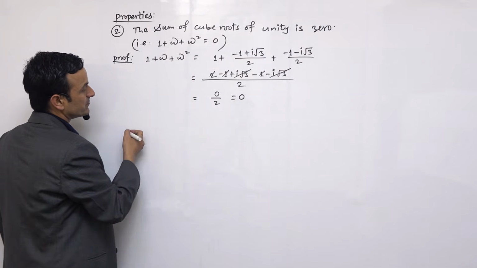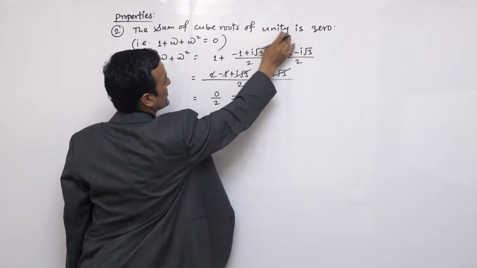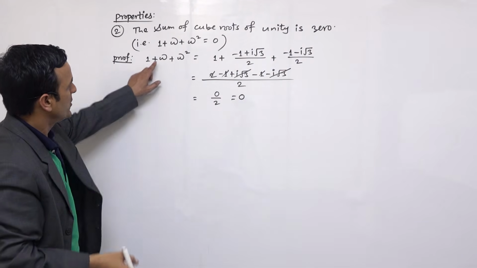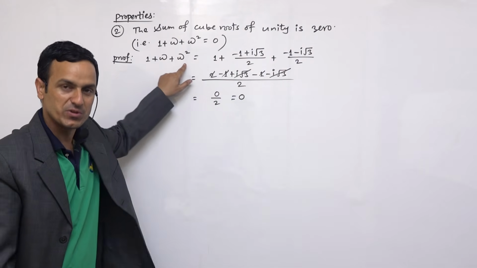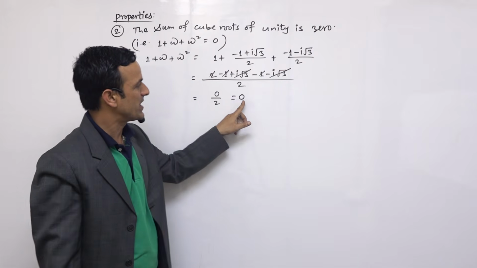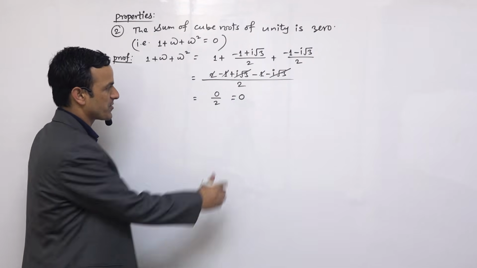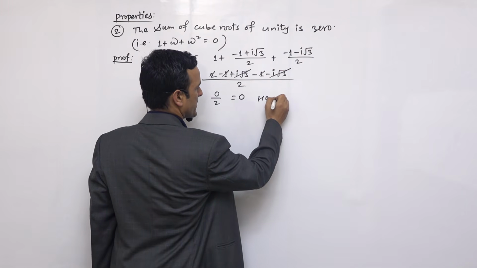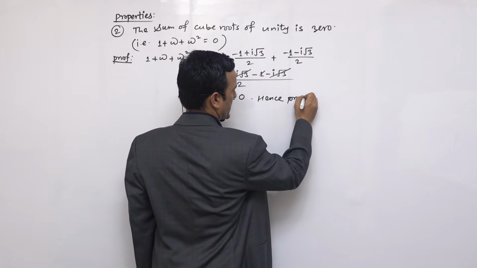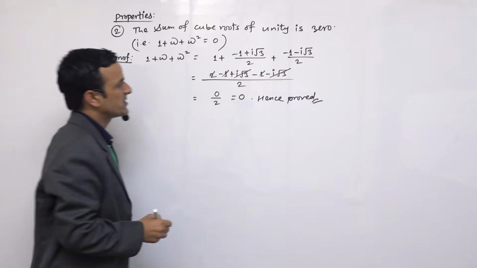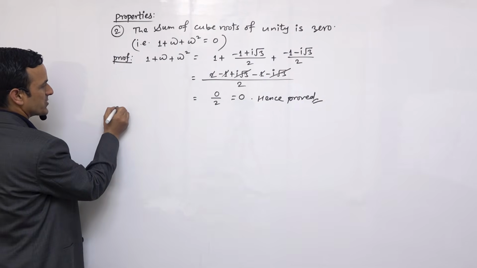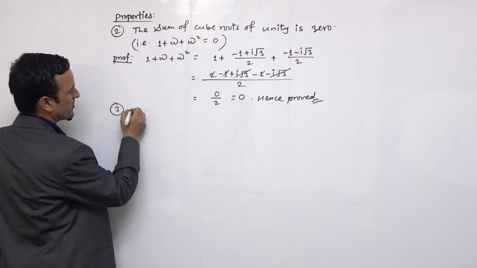Hence the sum of the cube roots of unity is 0. So if we add all the cube roots of unity together, we get 0. This is one of the properties, hence proved.